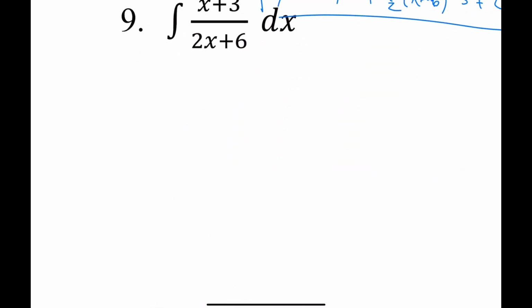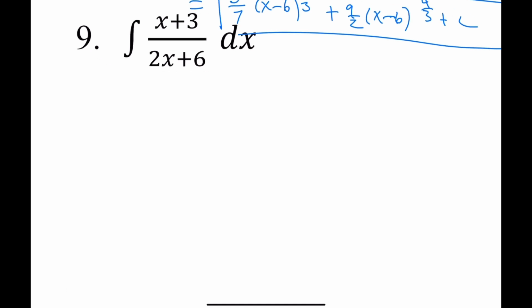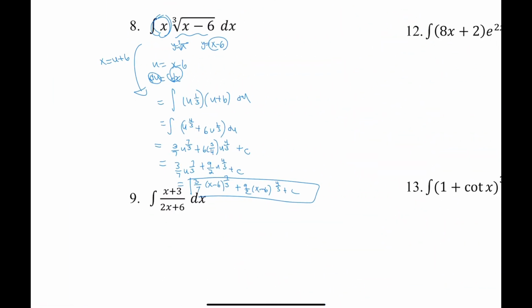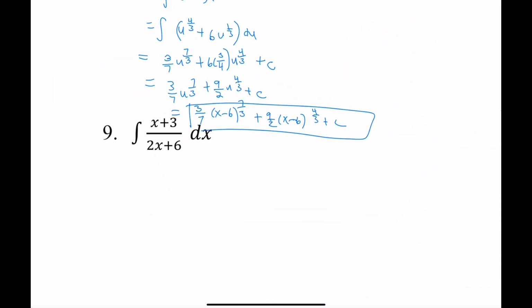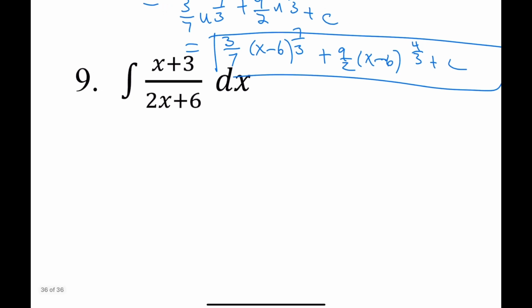And then let's go to number 9. So number 9, we have the integral of x plus 3 over 2x plus 6, right? And then dx. So let's see. For this one, we don't really know which one we can take as u, right? For this one, I would say just consider that since this is a quotient, you're basically saying it's 2x plus 6 to the power of negative 1.